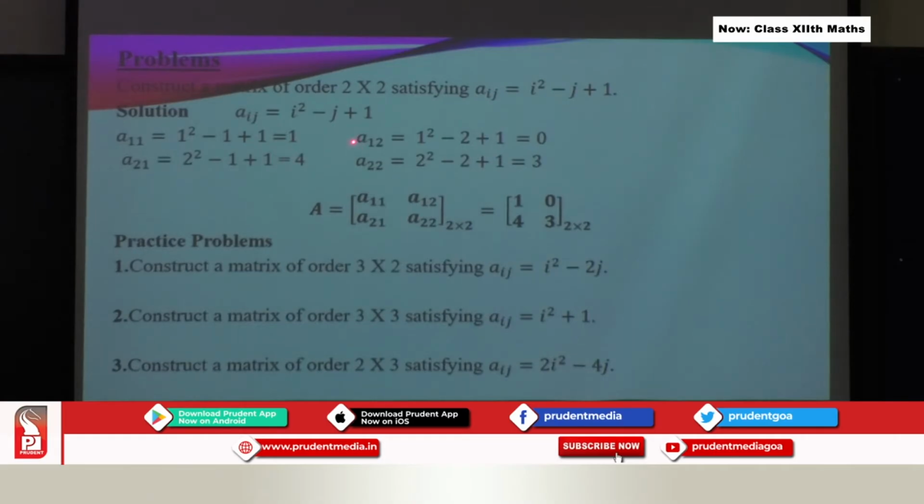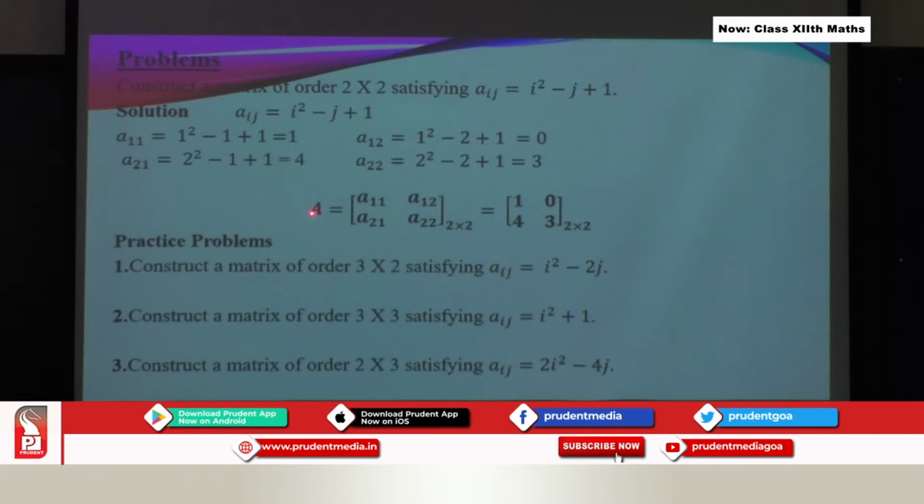Same way we get A12. In place of i we put 1, in place of j we put 2, and we get 1 square minus 2 plus 1, the answer comes to 0. And here, see A21 position, I get 2 square minus 1 plus 1, so I get it as 4, and A22 I am getting as 3 by substituting i equal to 2 and j equal to 2 in this matrix generator.